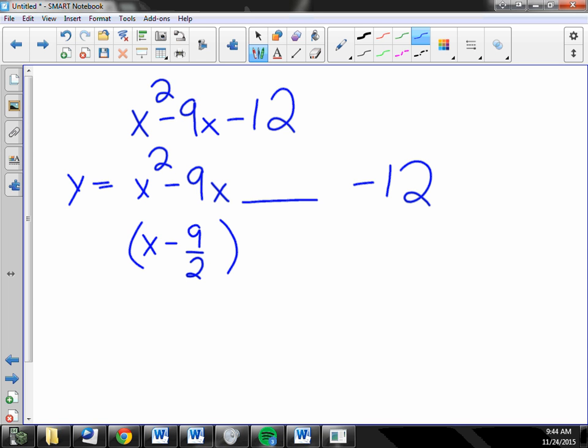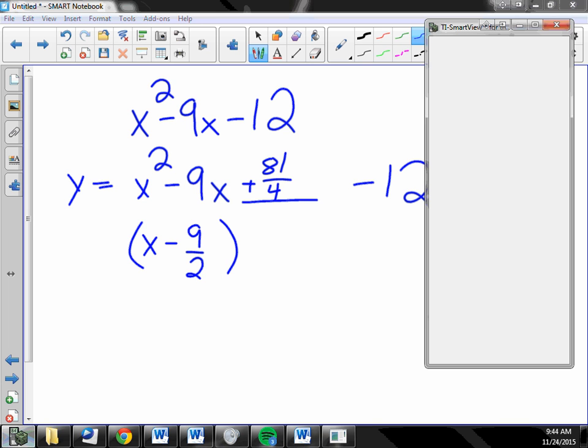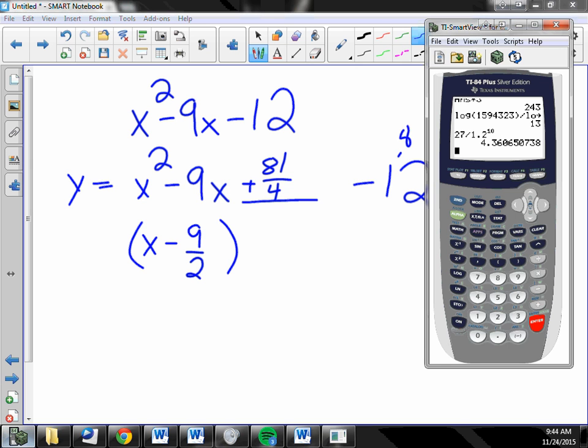I don't know what 4.5 squared is, but I know what 9 over 2 squared is. 9 squared would be 81. So I'm going to add 81. And 2 squared would be 4. 81 over 4. So over here, I need to subtract 81 over 4. Or add. No, subtract. That's right. So negative 12 plus 81 over 4, plus 33 over 4.